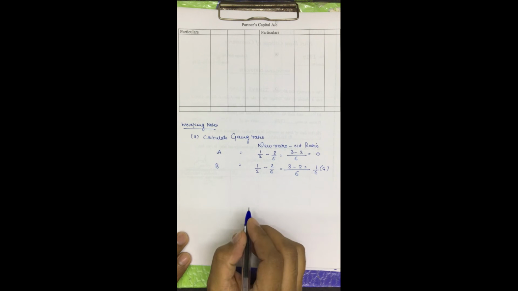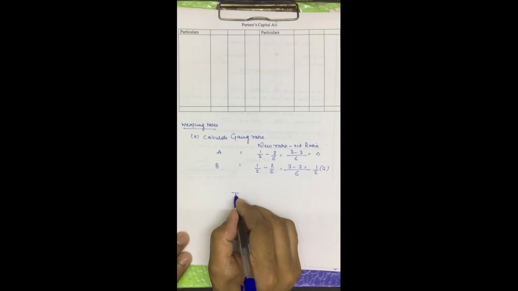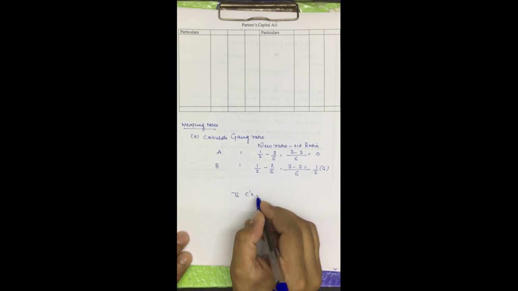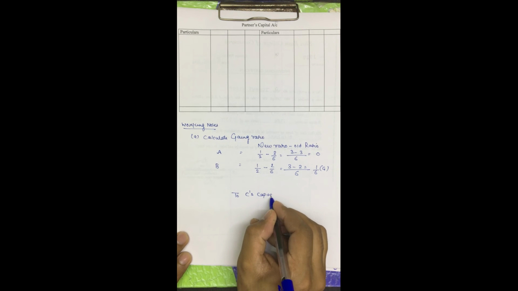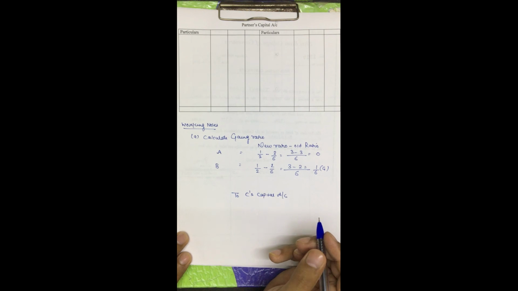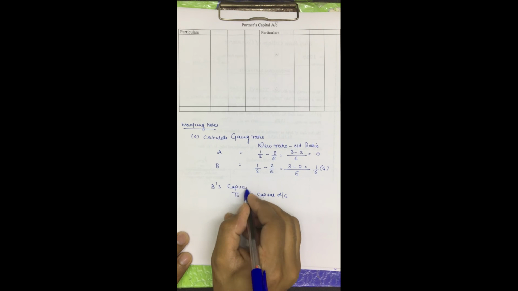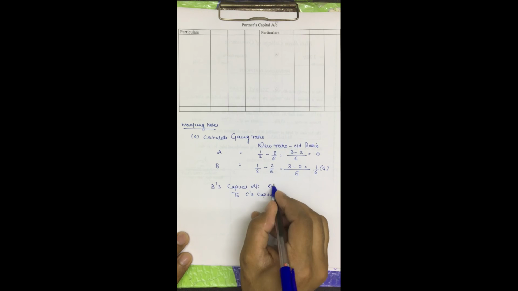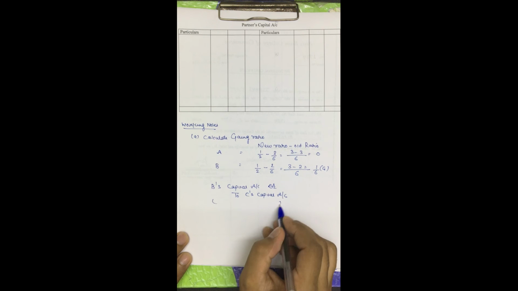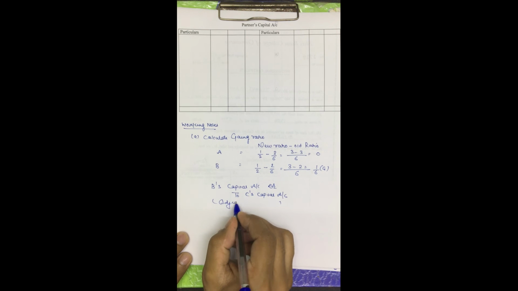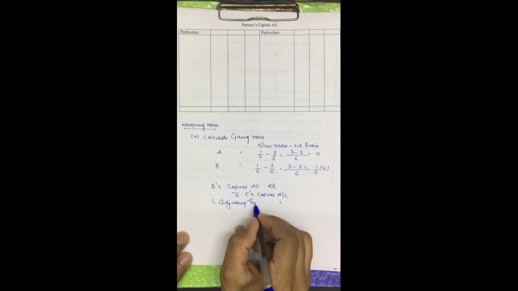So we know that the partner who sacrifices, means the retiring partner, should be credited, C's capital account should be credited, and those who gain should be debited, means B's capital account should be debited. So this is the adjusting entry, and total goodwill is given in the question.